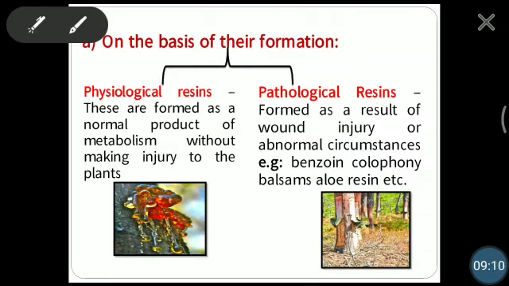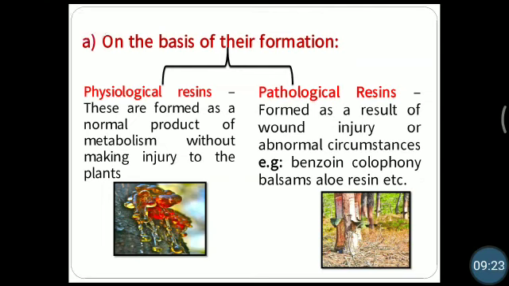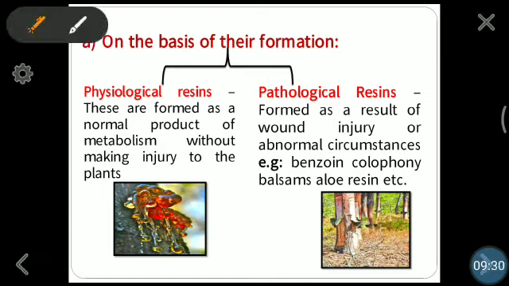First classification is on the basis of their formation. The formation may be natural or artificial. When it is natural, we state it as physiological resin, and when we give injury to the plant, at that time we state it as pathological resin. So physiological resin is a natural resin; pathological resins are those obtained after injury.